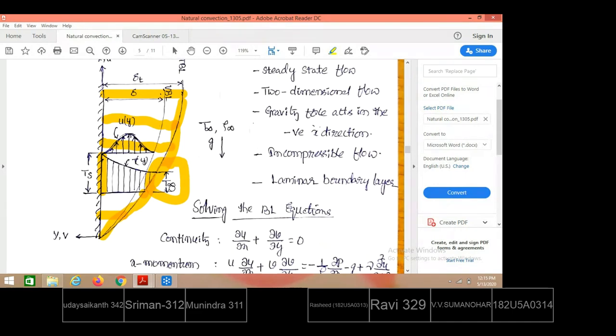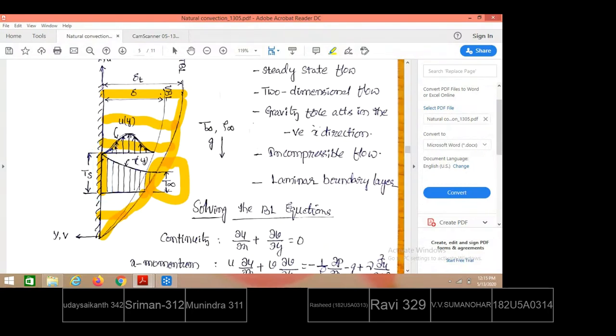And when it comes to the velocity change within that, as the fluid layers stick to the plate surface, the velocity at this section is 0. This is the representation of zero velocity.